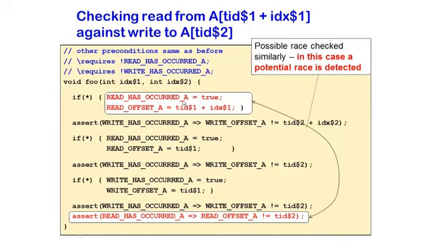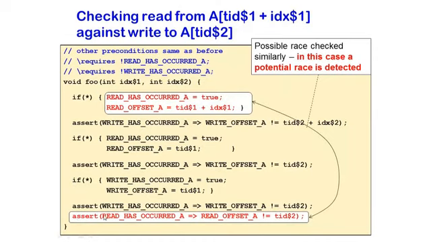But now let's consider the case where there's a read from A at tid1 plus idx1, and then a write to A at tid2. So there is a program path that will go in here, set read has occurred A to true, and set read offset A to tid1 plus idx1. Then these assertions will pass, and there will be a path that doesn't choose to go into these non-deterministic conditionals.